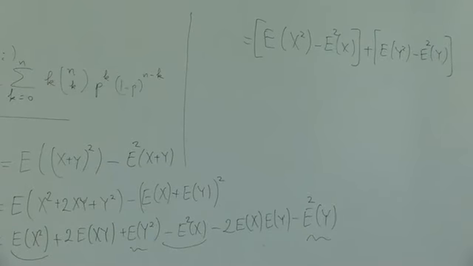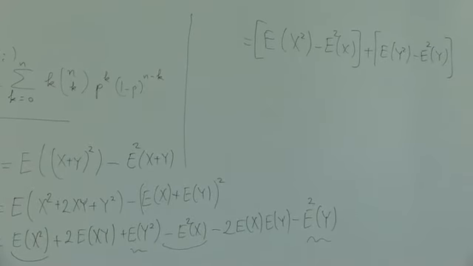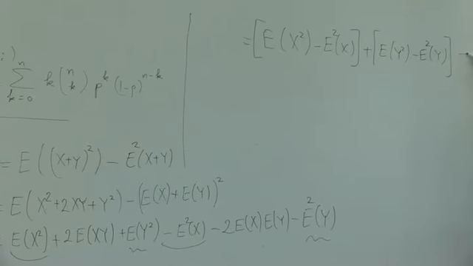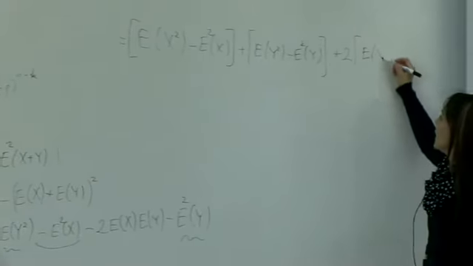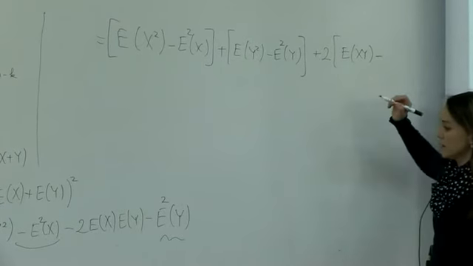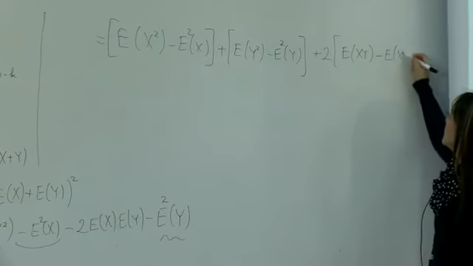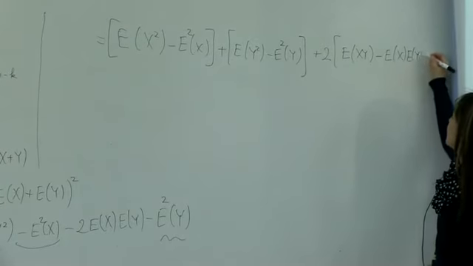I'm doing this really slowly so that everybody can really follow it. And we have one final term left, which is twice the expected value of XY minus expected X times expected Y.